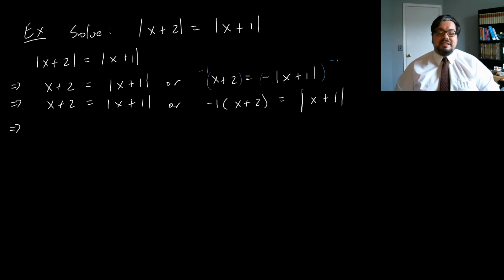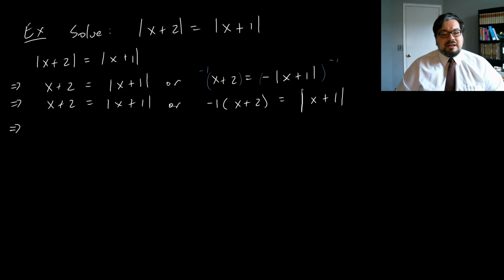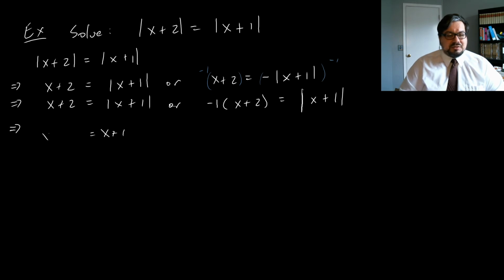Now each one of these equations we've got, which involves an absolute value, is going to split up into 2 more. So if the absolute value of x plus 1 equals x plus 2, this means that x plus 1 equals x plus 2, or x plus 1 equals negative x plus 2, or -1 times x plus 2.